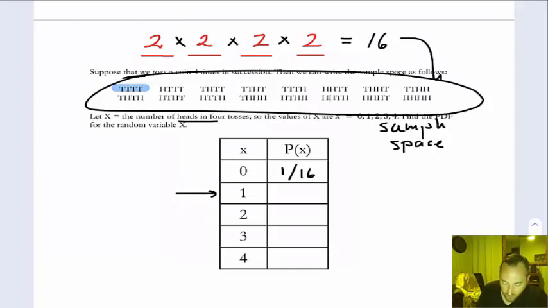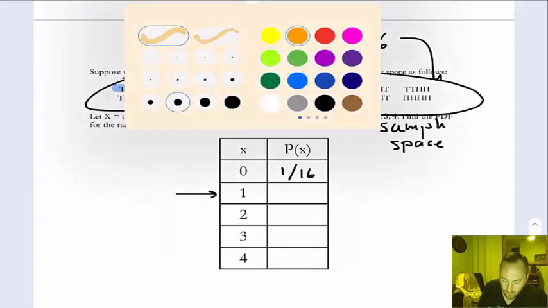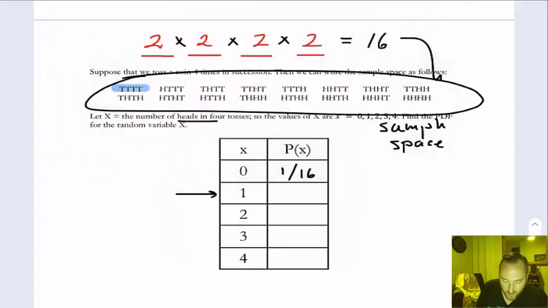If there is 1 head, it's not in any particular order. The head could come first, second, third, or fourth, and that's displaying all of them there. That's 4 outcomes out of the 16, which we can simplify to 1/4.